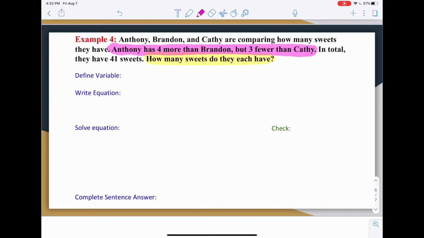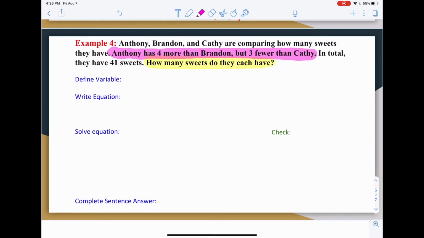So Anthony is the main person. If Anthony has 4 more than Brandon, Brandon has 4 fewer than Anthony. Same thing, we can also build Kathy's information based on Anthony's. If Anthony has 3 fewer than Kathy, then Kathy will have 3 more than Anthony.